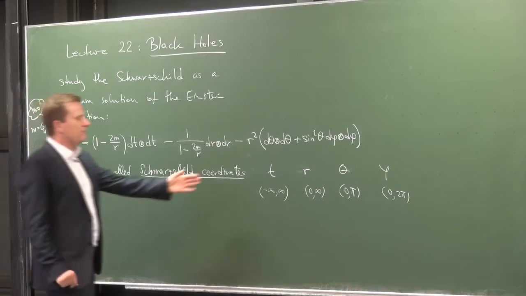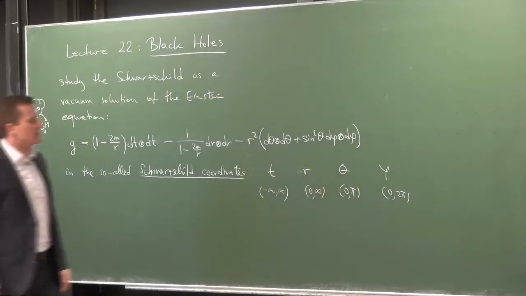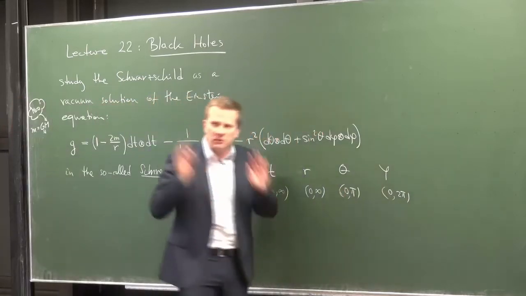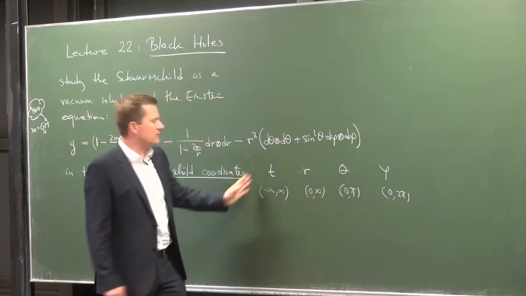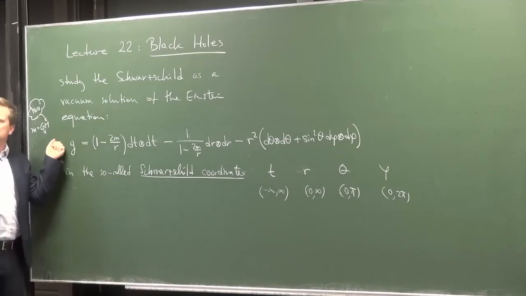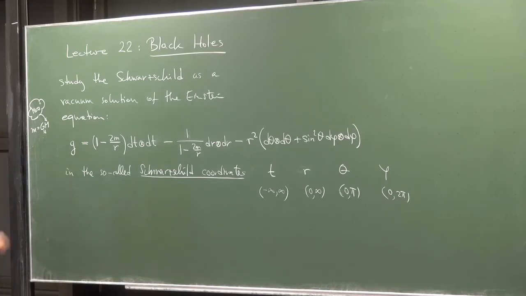And you can live happily under the illusion that this covers the entire world. And then you say, yeah, maybe here there are lines taken out because of the breakdown of these polar coordinates, so to speak. But other than that, this certainly covers the whole world. Well, today we'll find out that this is far from the truth. And we'll find out that understanding this metric is only possible if we find other charts that extend this chart quite a bit. So what seems to be a complete world, in fact, is not.